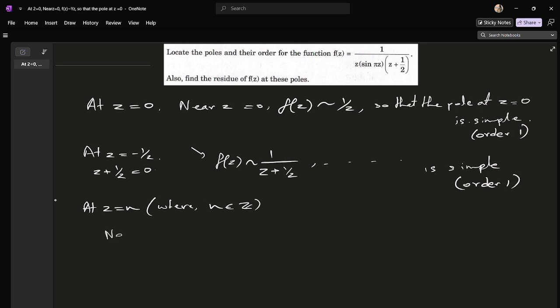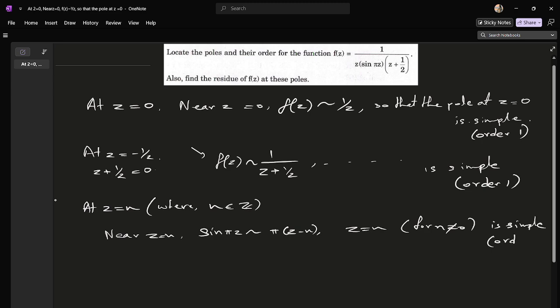Near z equals n, what happens? sin(πz) is approximately π(z − n), so the pole z equals n for n not equal to 0 is simple. That means it's also of order 1.